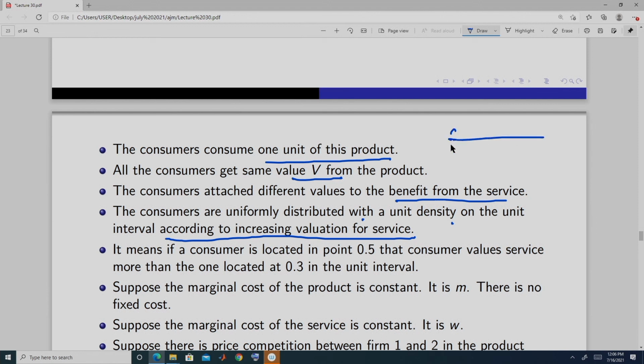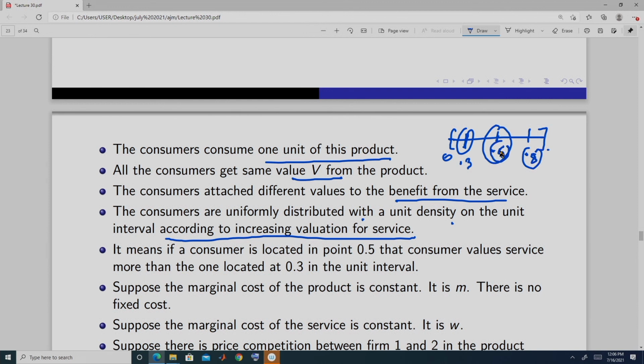So, if we take this 0 and this 1, suppose this is 0.1. So, this consumer located here is going to value the service more than this consumer, which is suppose located at this point, but this one which is located at this point is going to value the service more than this.